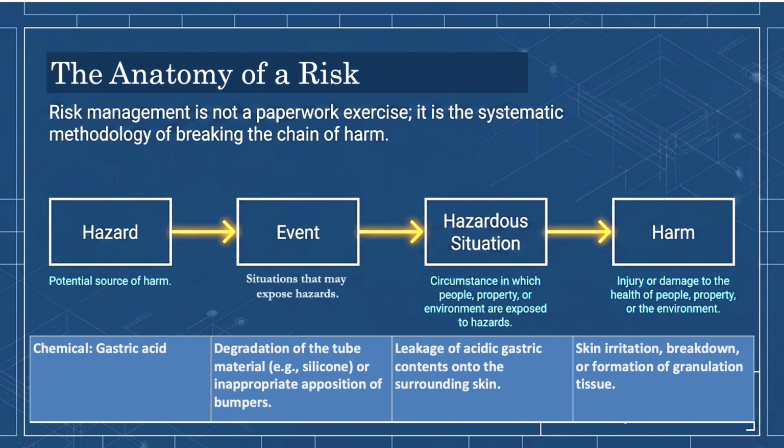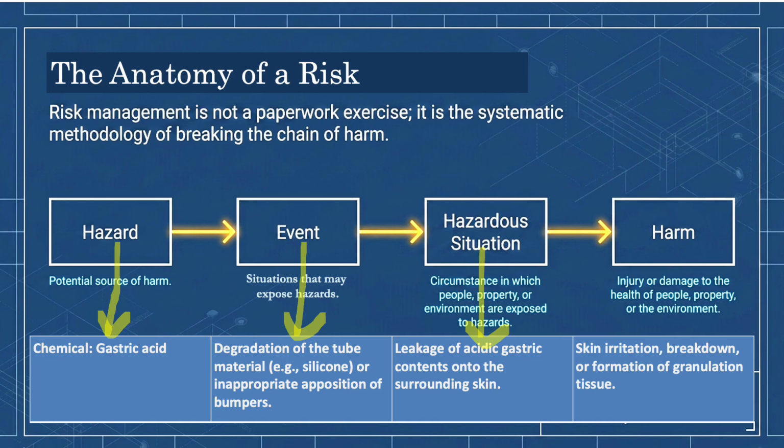Let's use this example. This example is for a gastrostomy tube, a feeding tube catheter. What could be a potential hazard? It's a chemical hazard, let's say gastric acid. What could be an example of an event? Degradation of the tube material, leading it to cause stomach fluid leakage, which is the hazardous situation, the leakage of gastric acid onto the surrounding skin.